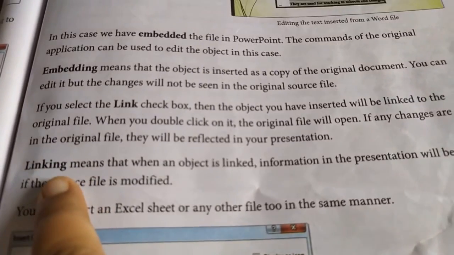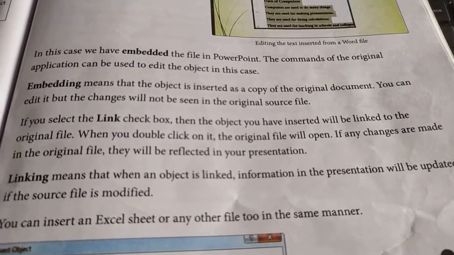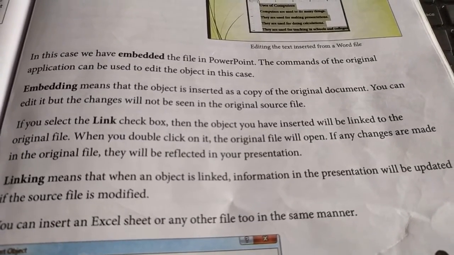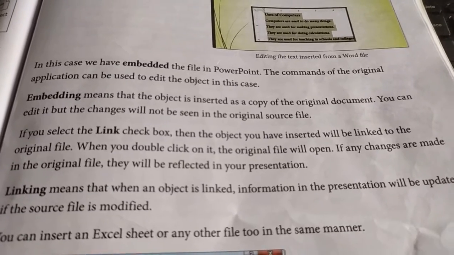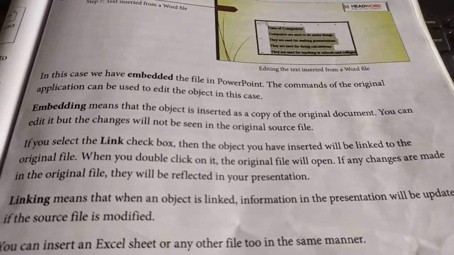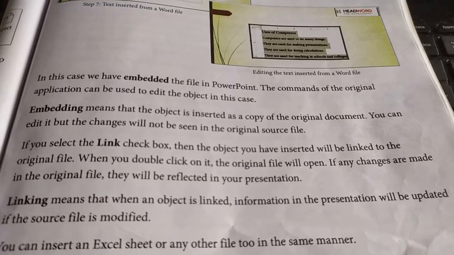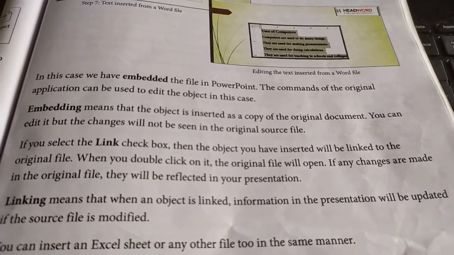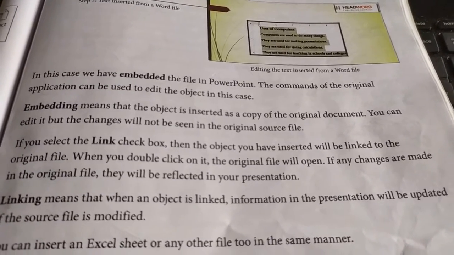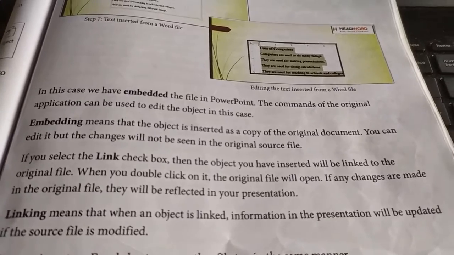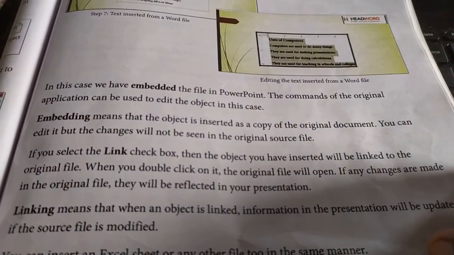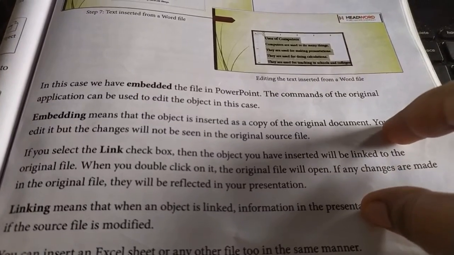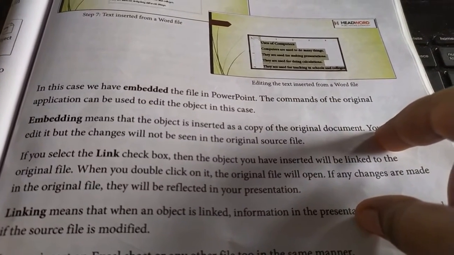Now, what is linking? Linking means when the object is linked, information in the presentation will be updated if the source file is modified. Whenever any change is there in the copied file, immediately the source file will also be modified. Okay? These two definitions are very important. You have to learn this.